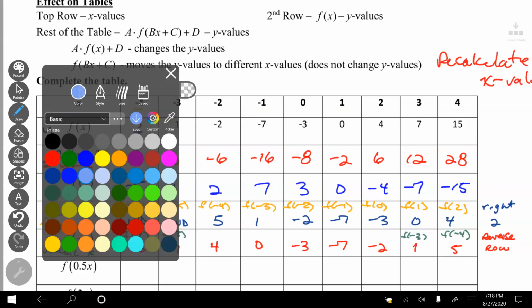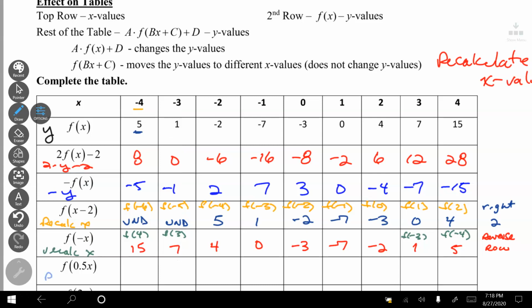Next line. Again, recalculate my x values. So I have to take half of this x: f of negative 2, f of negative 1.5, f of negative 1, f of negative 0.5, f of 0, f of 0.5, f of 1, f of 1.5, f of 2, and now I have to find the y values that belong in that square.